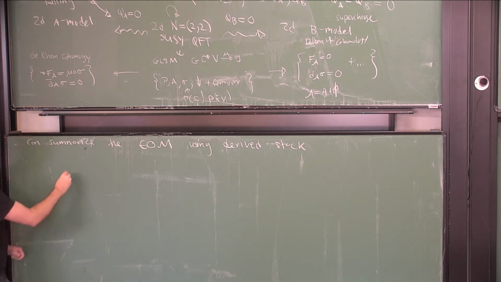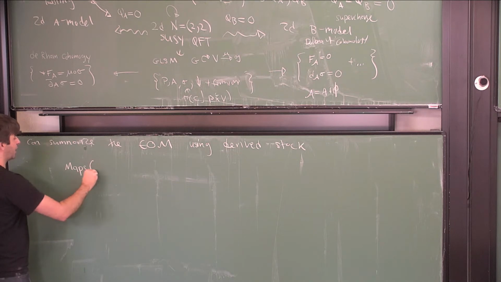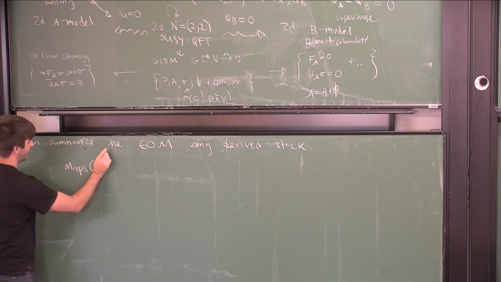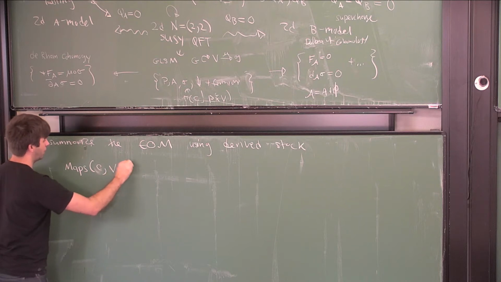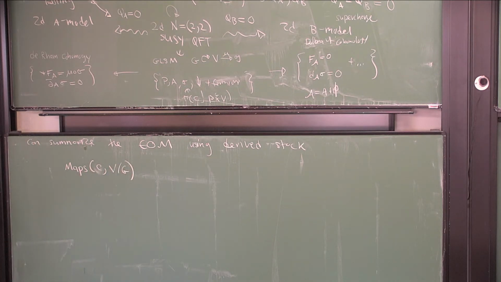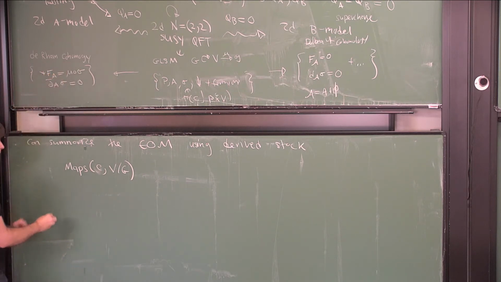Part of this is one that we've already seen. In Dan's talk, he talked about the space of gauged maps. That was a very good stack. That gives me everything except for this condition about the curvature.